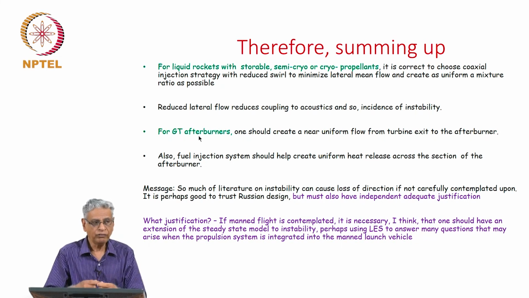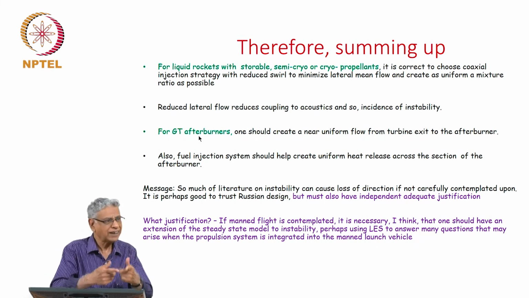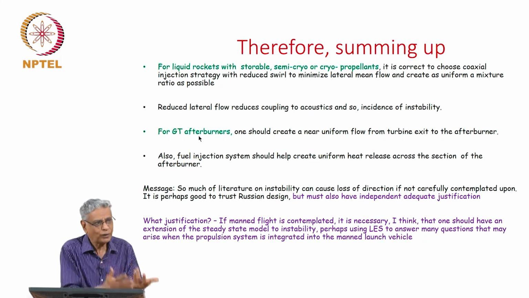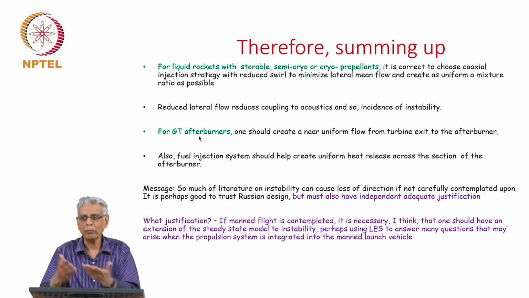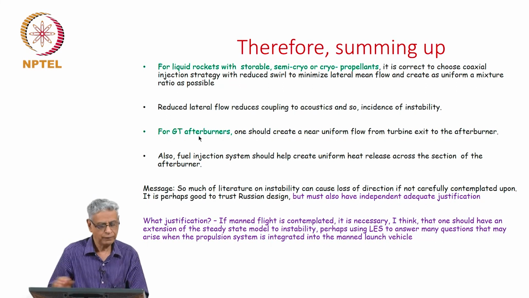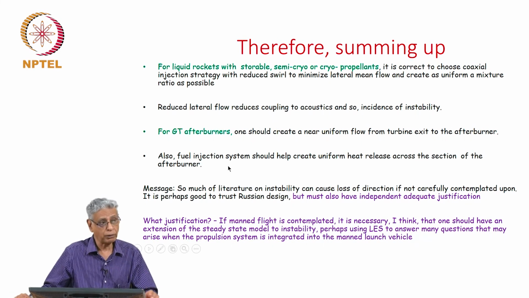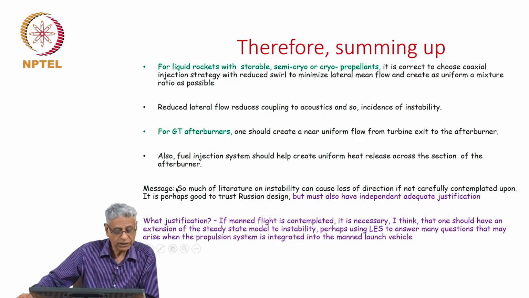But if it was known that this alone was responsible, then you will take the corrective action in that direction. But if you were not sure that that is the only thing responsible for your instability, you will keep looking at many other reasons and therefore geometric features which may be responsible. Okay. So, also the fuel injection system should help create uniform heat release across the section of the afterburner as much as possible.